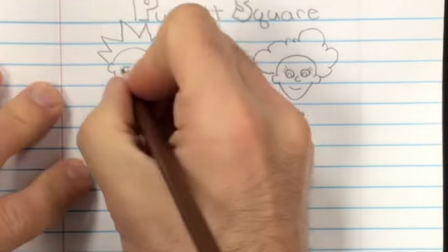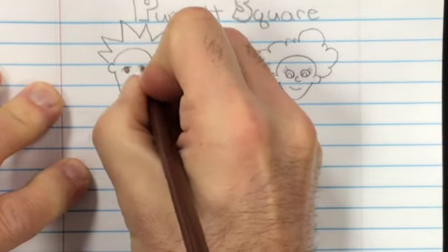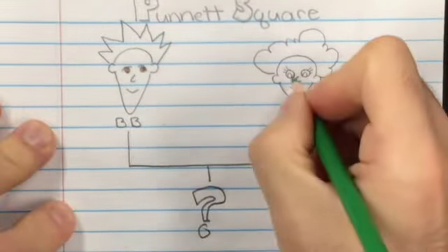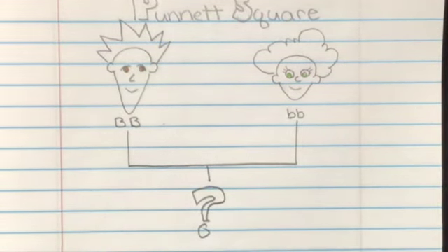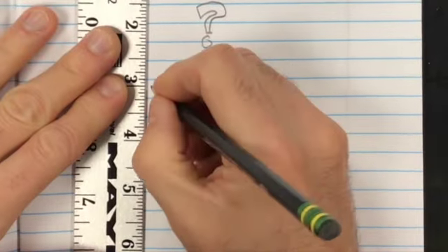Because right now, Dad has brown. There's your brown eyes, Dad. Mom has green. What's the chance that the child will have green eyes or brown eyes? Well, Punnett came up with this idea called the Punnett Square, and it shows us the percent chance that child's going to have of having those eye colors. So let me grab my handy dandy ruler because I got to draw a square.